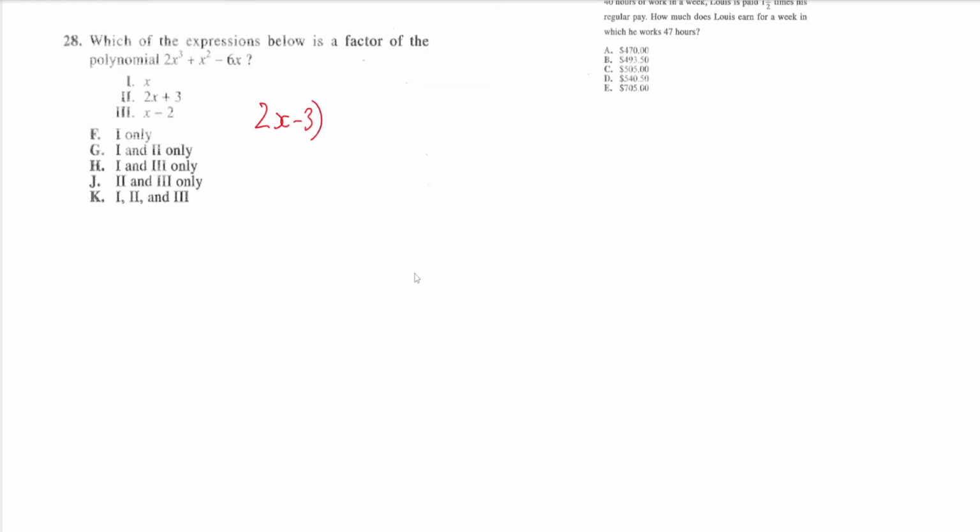So you got this, obviously x out front, and what was the other one? Wait a second. 2 and 2x minus 3.